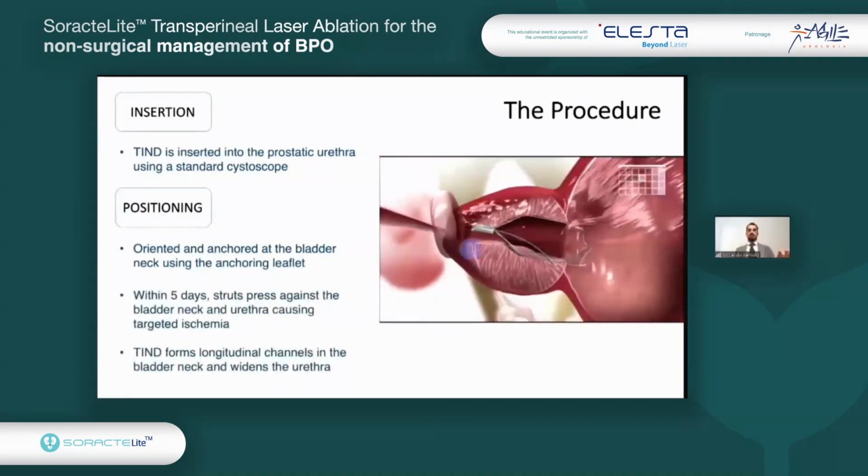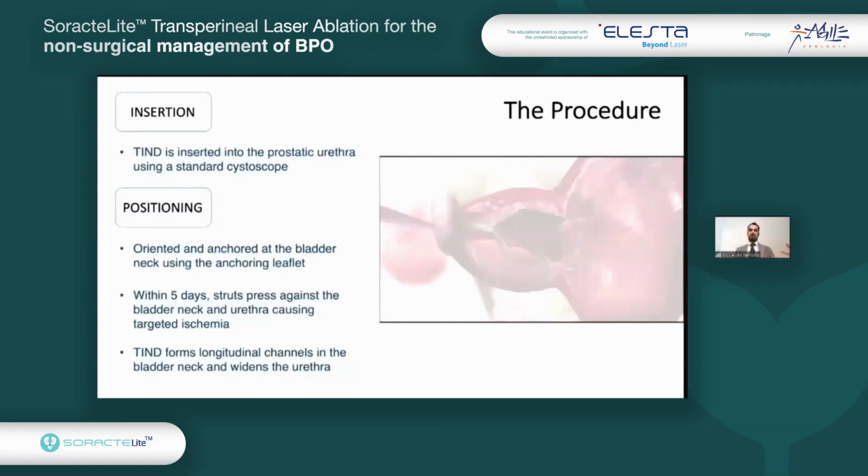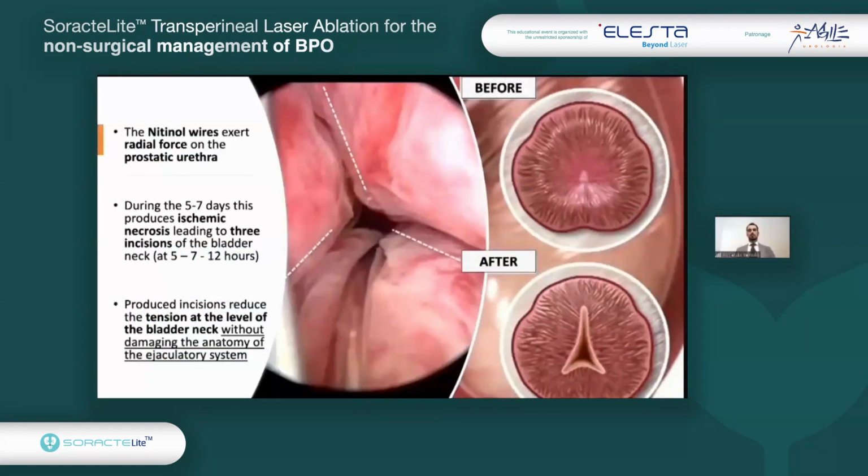Within around 5 to 7 days, the struts are pressing against the bladder neck and the prostatic urethra, leading to targeted ischemia that configures the incisions. So you can see the radial force exerted towards the prostatic urethra, with a scheme showing the before and the after with respect to the procedure. Obviously, you can figure that there is no damage to the anatomy of the ejaculation.